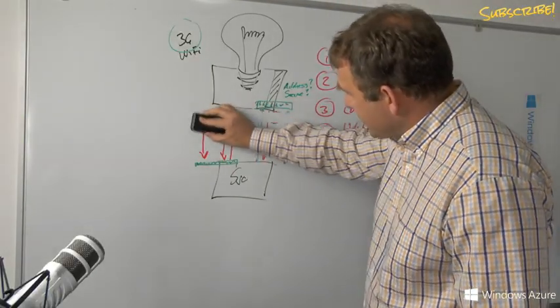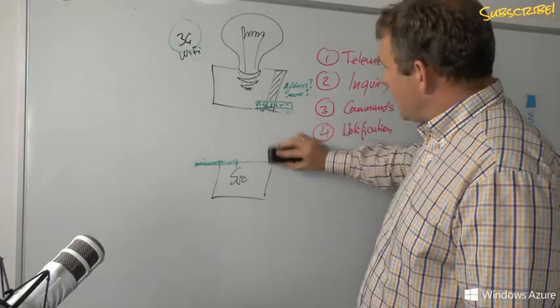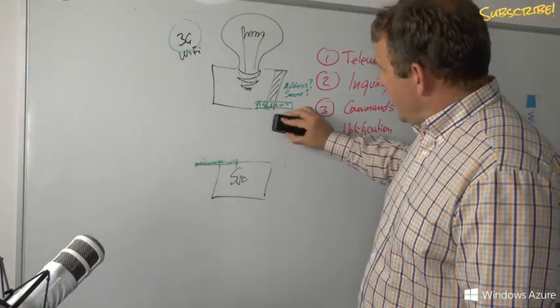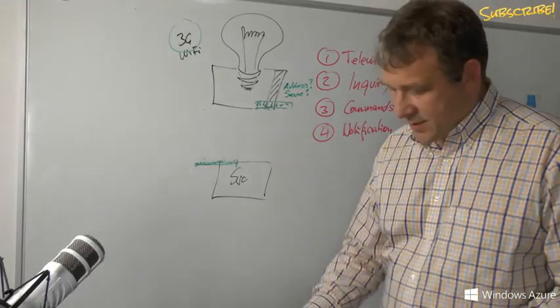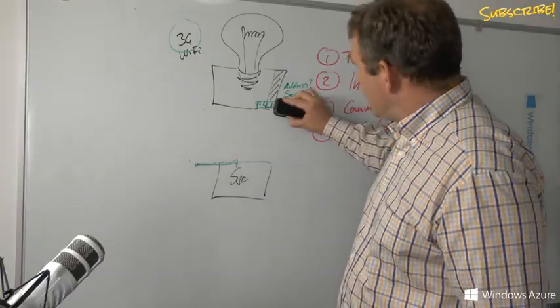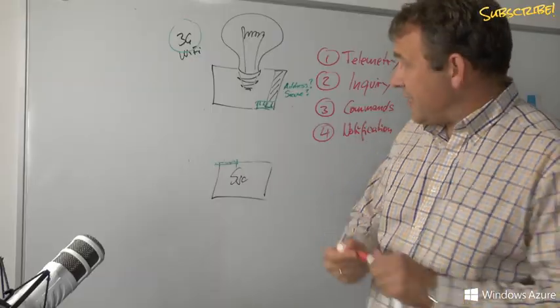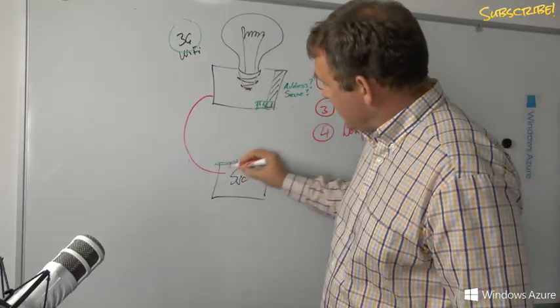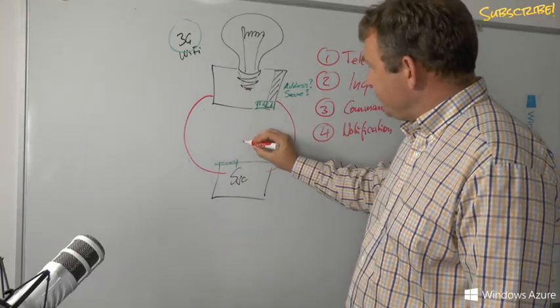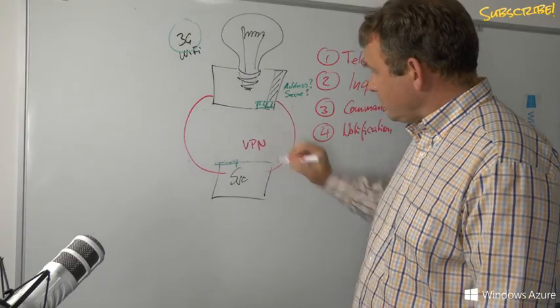So what's happening, and that's what we see fairly frequently now, is that folks are doing the following thing. Let me just take the patterns away. What they're doing is they will create a VPN.